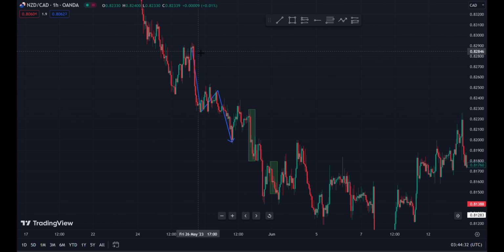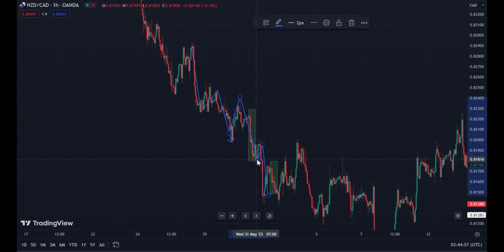So we have seen a drop base drop, so we shall wait for this market to retrace back to the zone. After retracing back to the zone, we shall expect it to drop again, making another drop base drop. Are you seeing that? Mark this very well.